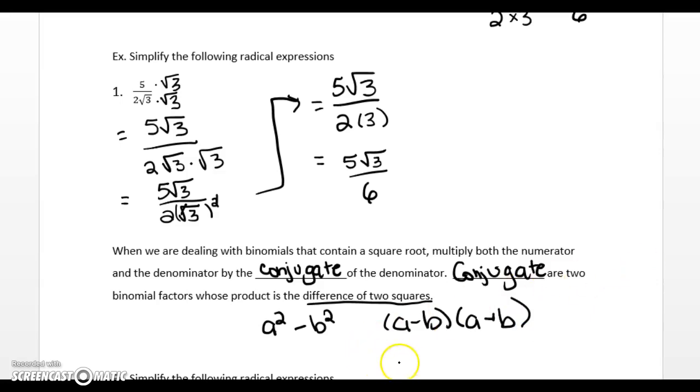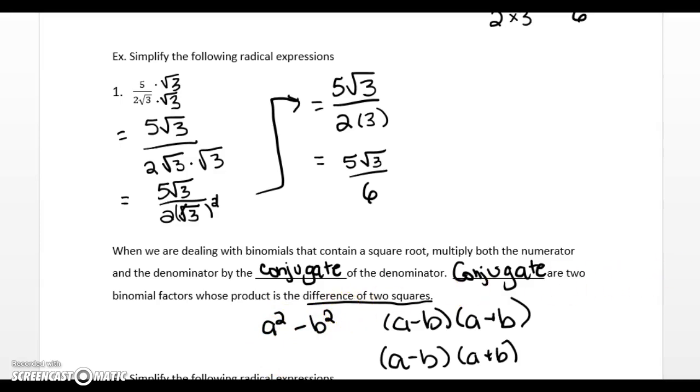Suppose the denominator of our fraction was a minus b, then you want to multiply it by those values themselves, but change this to a plus sign. So you multiply by a plus b, and you would have a difference of squares. You square your first term, square your last term, and separate the two numbers with a subtraction. So you'd have a squared minus b squared.